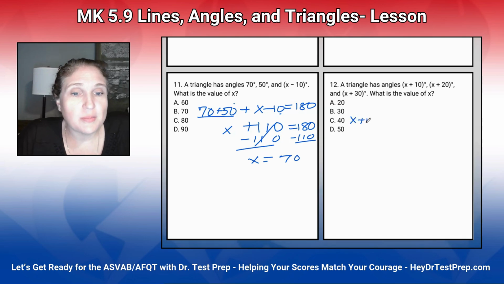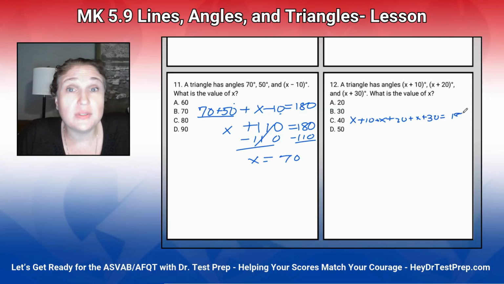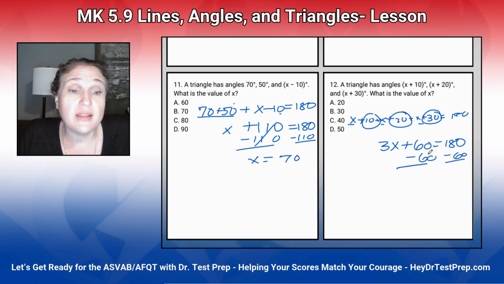Here we've got x plus 10, x plus 20, x plus 30. All of that equals 180. So we've got 3 x's. 10 plus 20 is 30, plus 30 more is 60. Subtract 60 from both sides and divide both sides by 3.